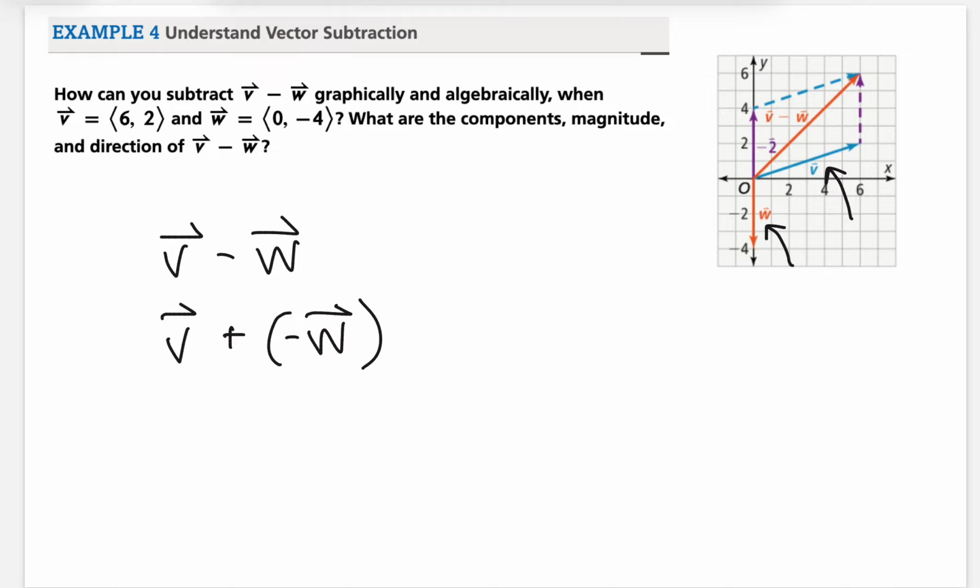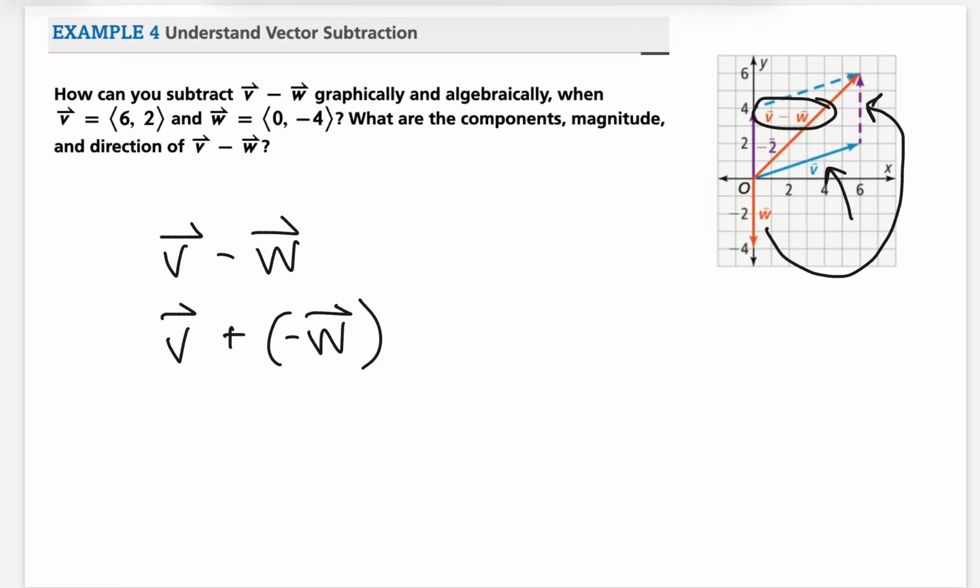So you can see what that is. Let's erase this here. This is taking vector w, and see how that purple dashed vector is the opposite direction of vector w, and it's going to be added on to vector v. So if we take v plus the opposite of vector w, then that allows us to find v minus w, which is that orange solid vector right there.